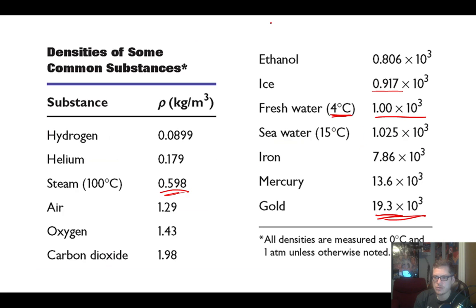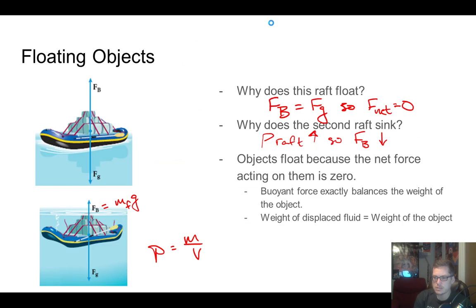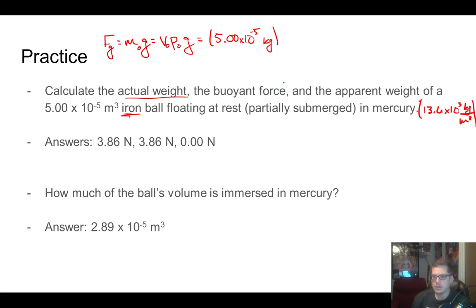Well, it's iron, so iron is 7.86 times 10 to the third kilograms per meter cubed, and then we take this times the acceleration due to gravity, meters per second squared.